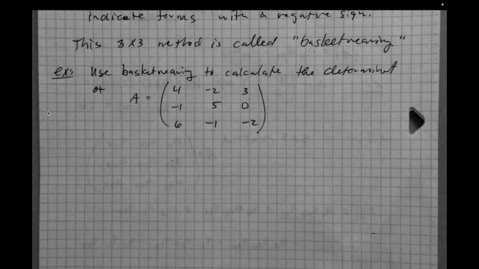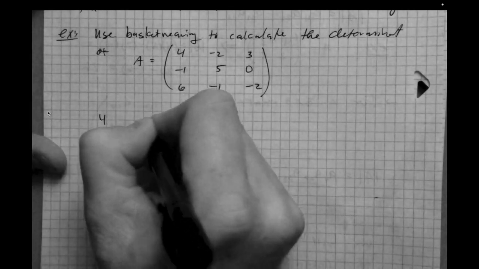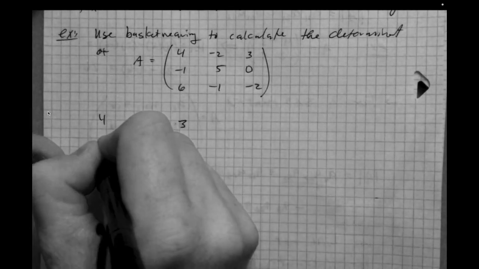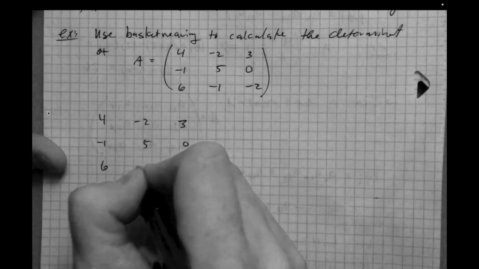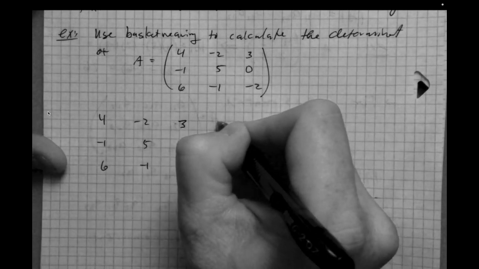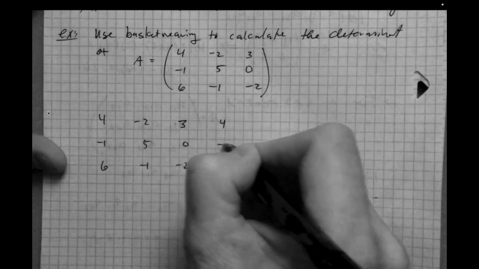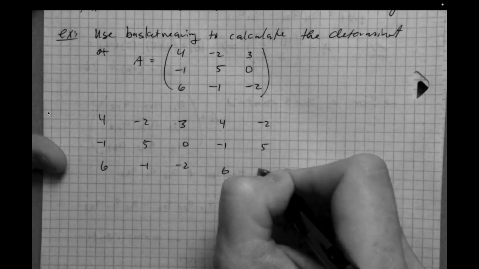So this is our matrix. No need to memorize anything, just remember the technique we've just discussed. We'll write out the entries in this grid, and then duplicate over the first two columns: 4, -1, 6, -2, 5, -1.